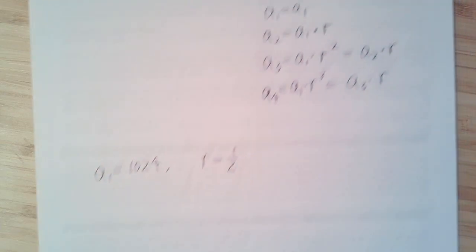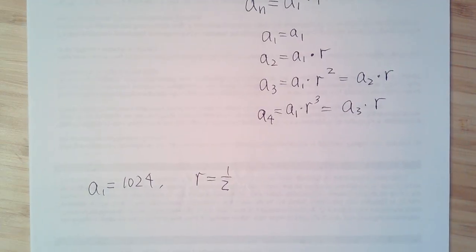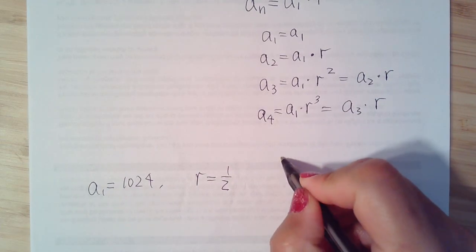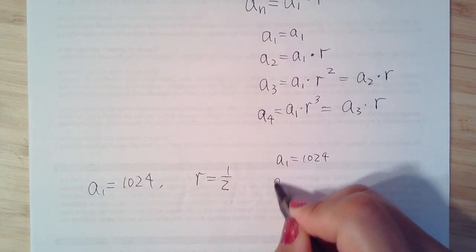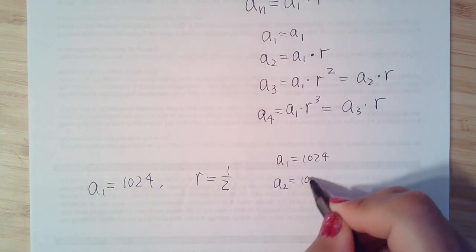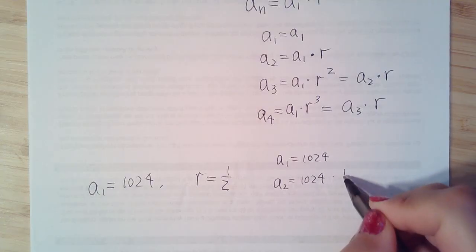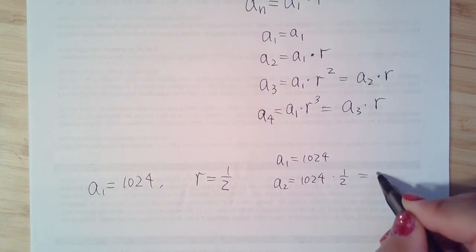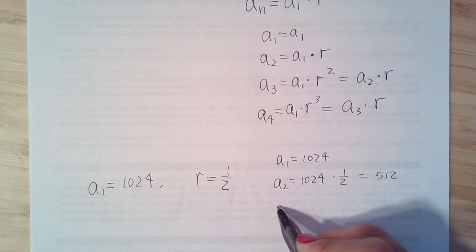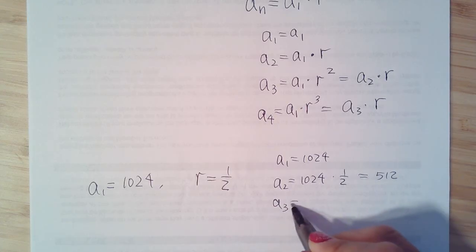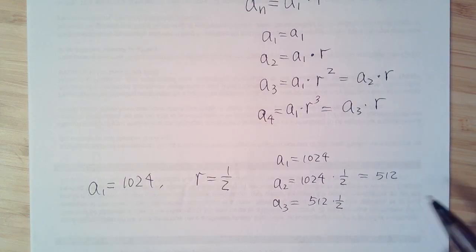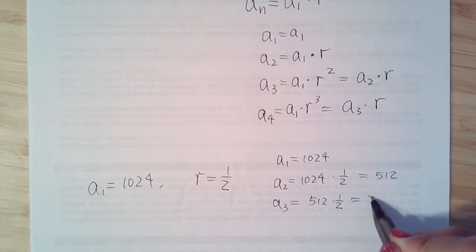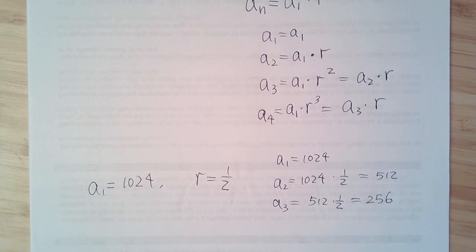Okay, I keep this little cheat sheet here. So my a_1 is 1024. And my a_2 is 1024 times 1/2, which is 512. My a_3 is going to be 512 times 1/2. It's always the previous term times r. So that is 256. Good.